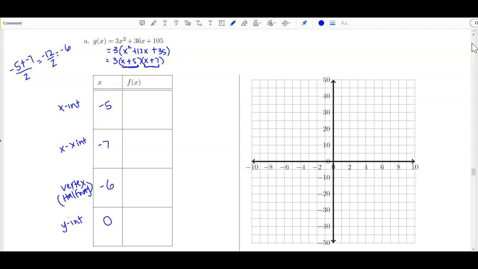And then let's just continue this to figure out, remember, the whole reason why we picked this -5 is because it makes one of those terms 0, and 0 times anything is 0. So that automatically, like I know my x-intercept, my y is 0, and this is my x. Okay?